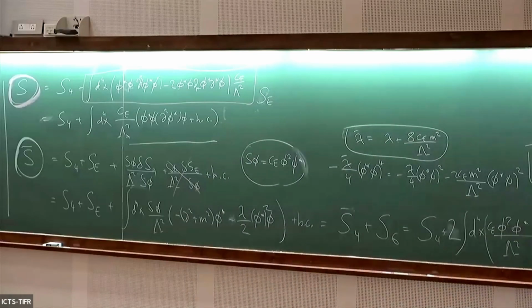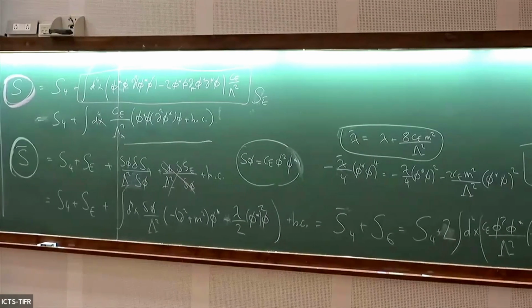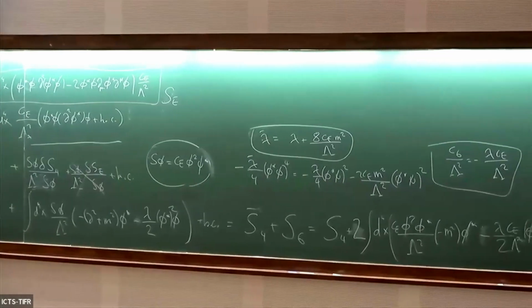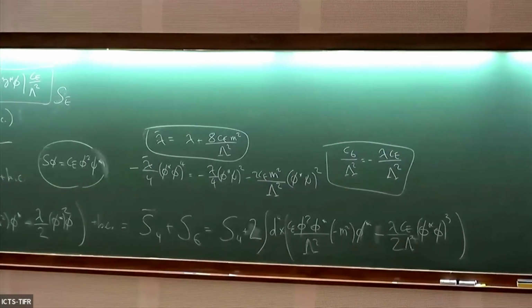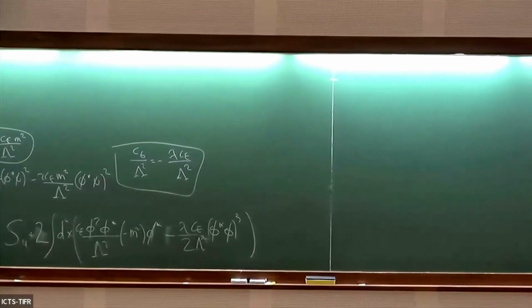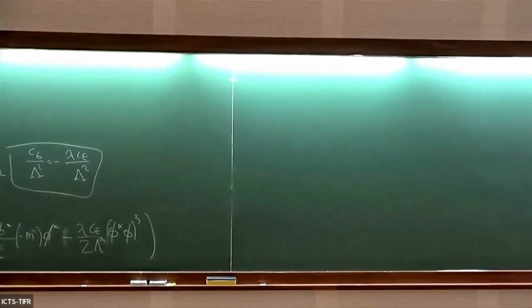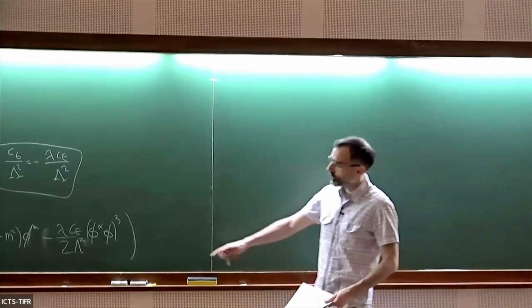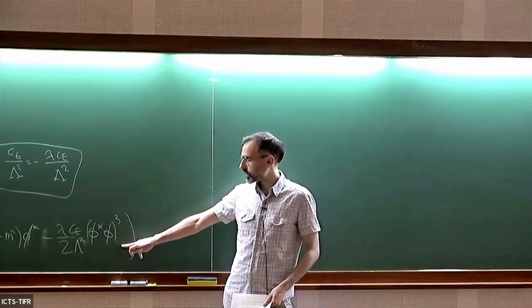But to the main course of the meal today, which, yes? Yeah, you could do that. I would argue that there's a new coupling. There's this phi star phi cube in here.